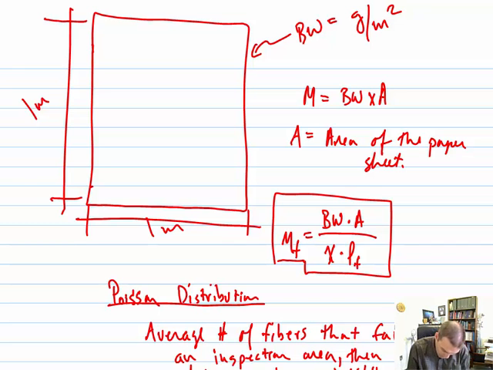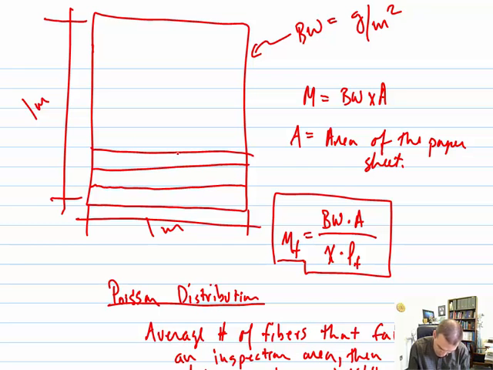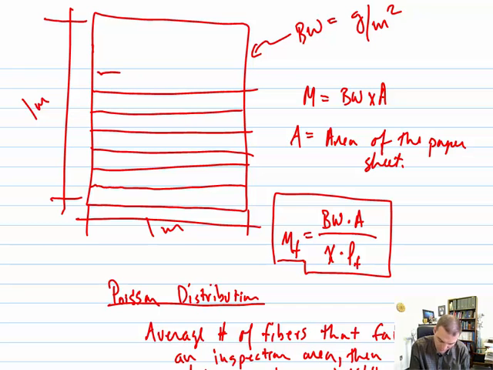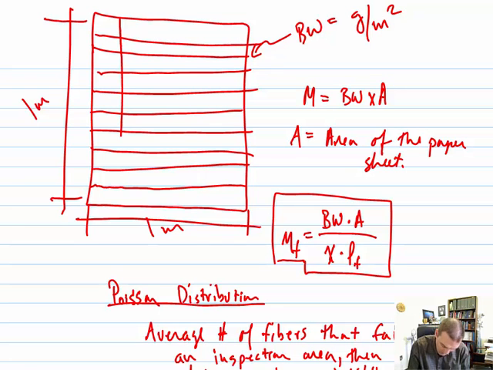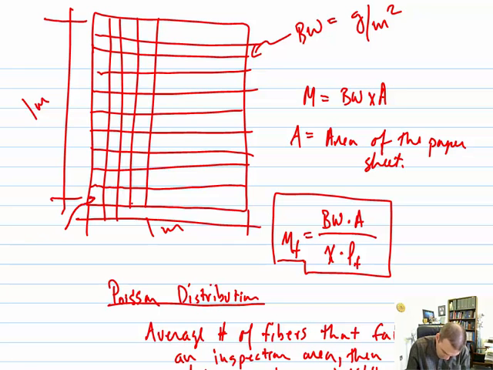We would like to know, once we take this paper sheet and carve it up into smaller sections, how to characterize its formation, or the variability in its basis weight. So we're going to take this paper sheet and carve it up into little square inspection areas. We would like to know how many fibers on average fall into this specific area.